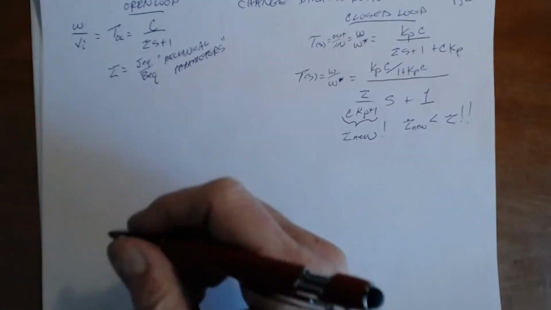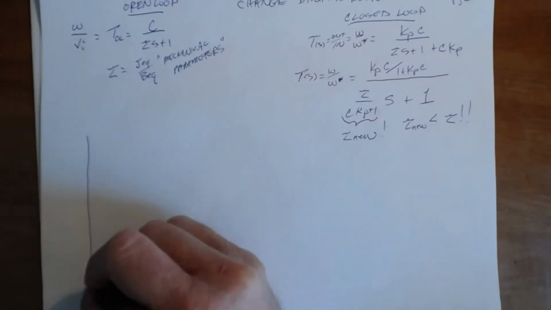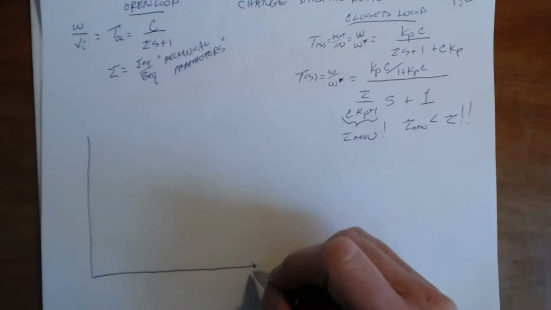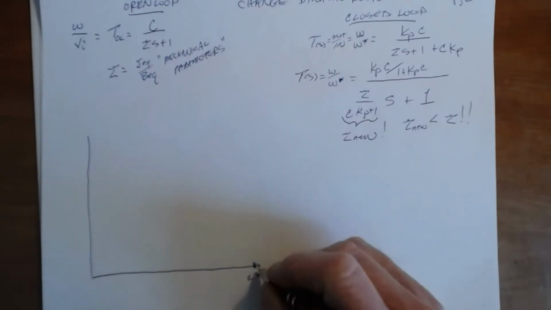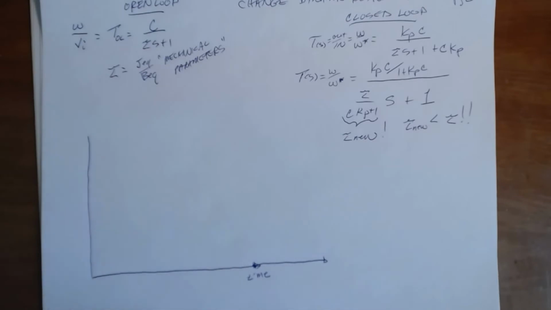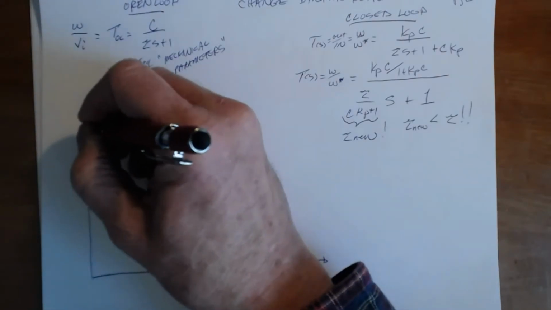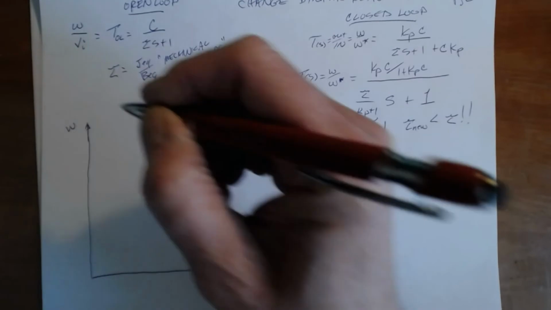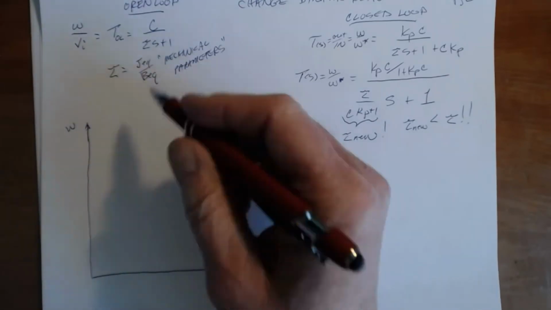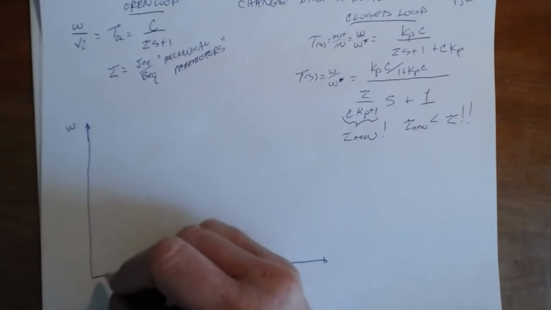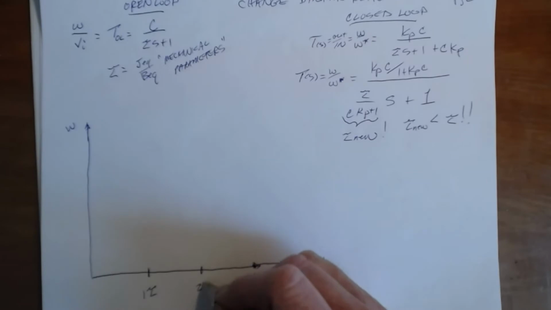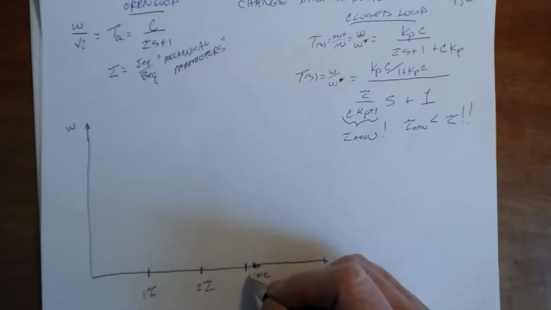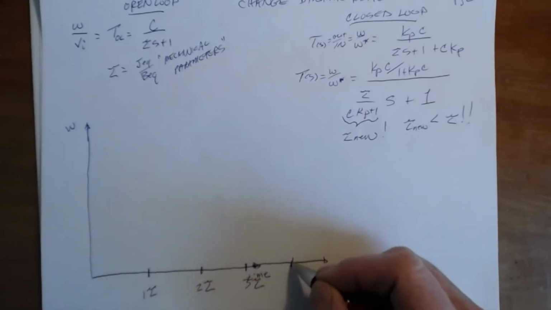So if I wanted to draw this response as a function of time, I'm going to put them both on the same plot. This is omega, and this is time. For the open loop, this is 1 times the time constant, 2 times, 3 times, and 4 times the time constant.